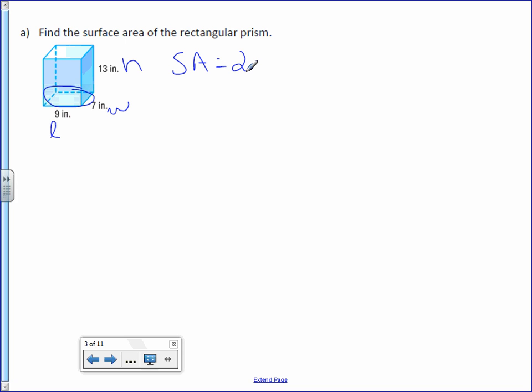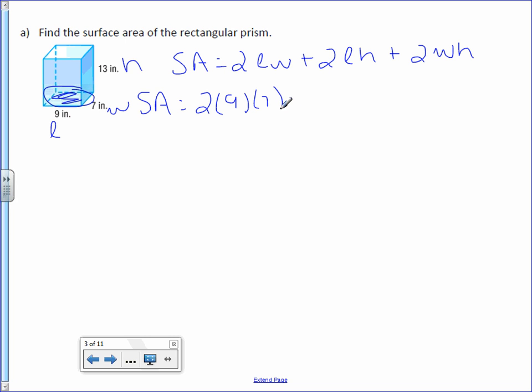So 2 times length times width, because there are 2 faces the same, plus 2 times length times height, plus 2 times width times height. From here, all we do is plug in the numbers. Surface area equals 2 times 9 times 7, plus 2 times 9 times 13, plus 2 times 7 times 13.